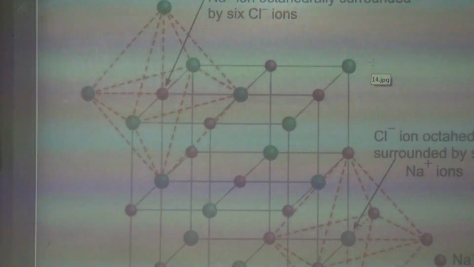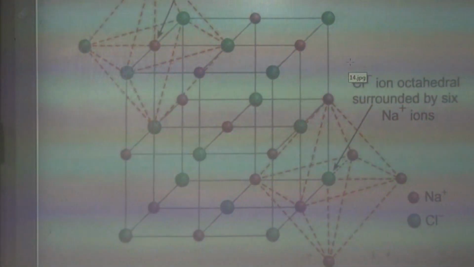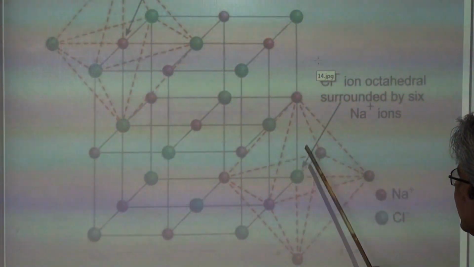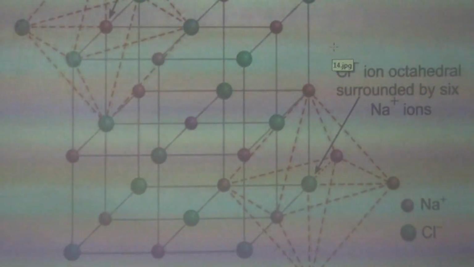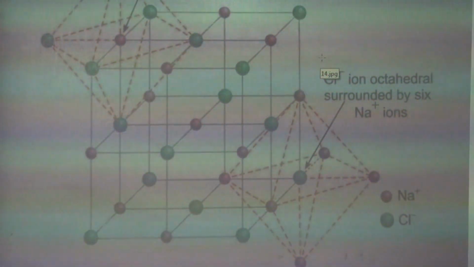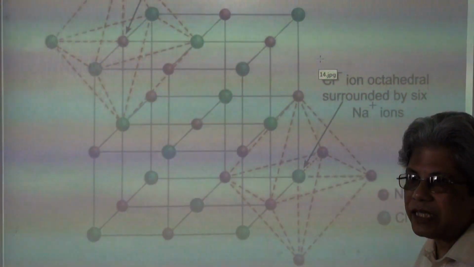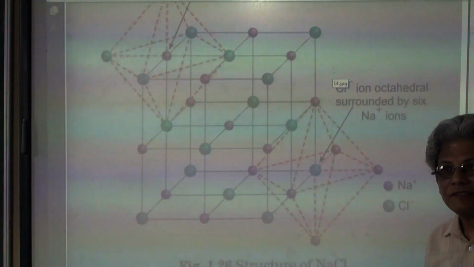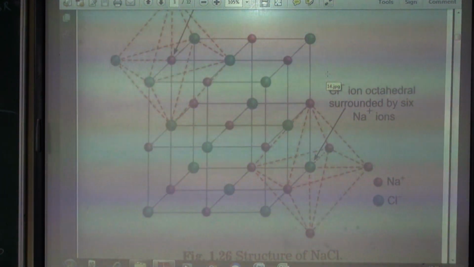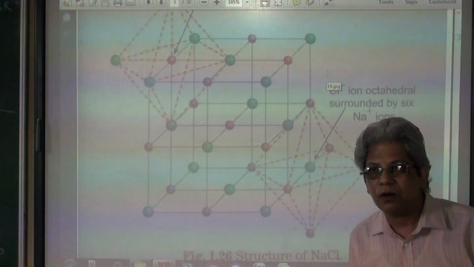In a similar manner, each chloride ion is surrounded by 6 sodium ions. So the nearest neighbor count for sodium and for chloride is the same, 6. This is also called the coordination number.